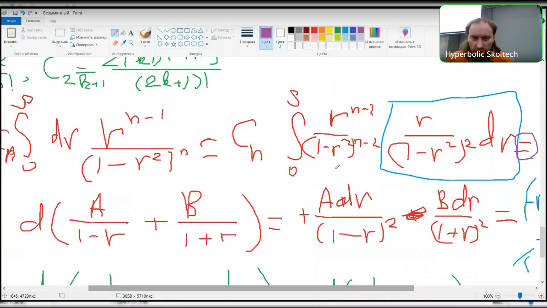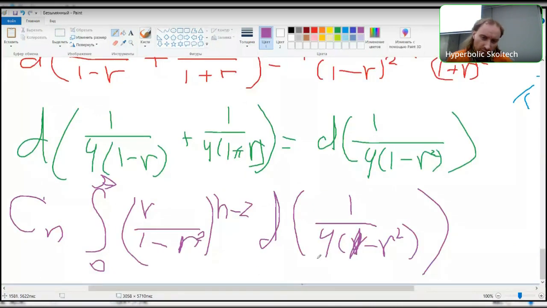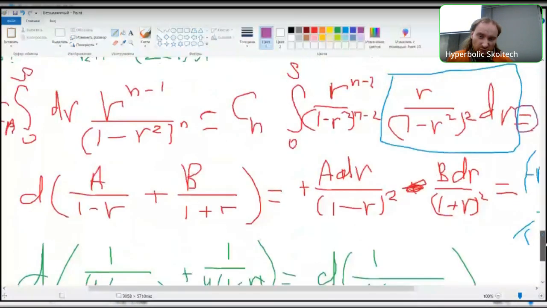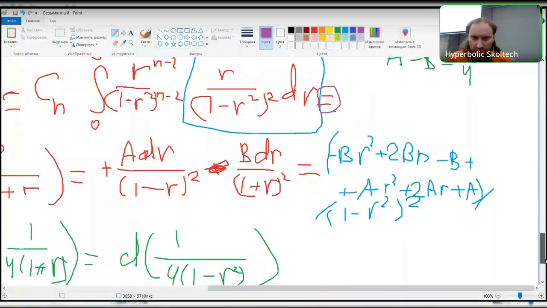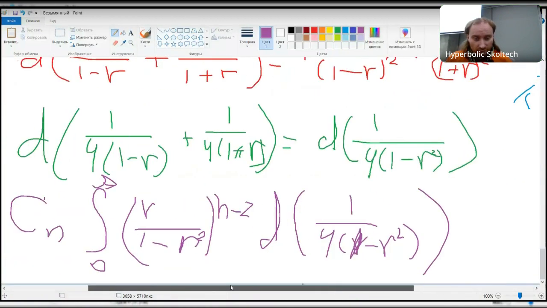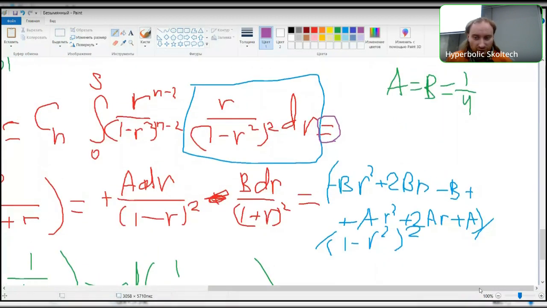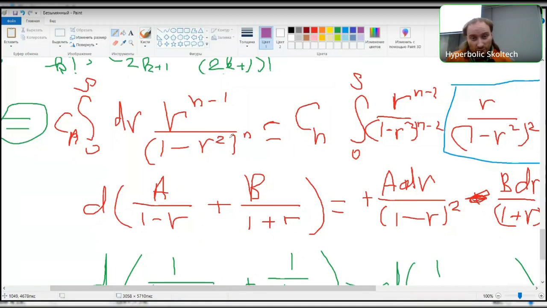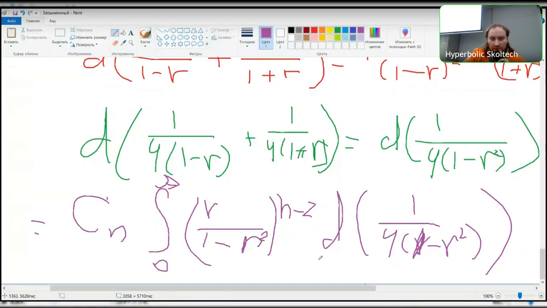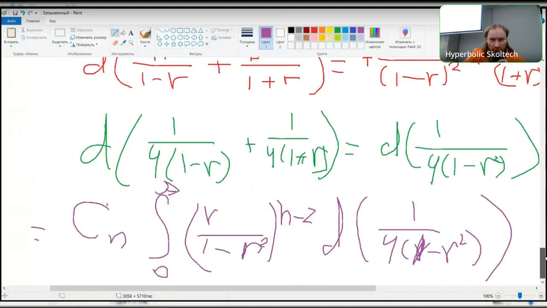Probably I made a mistake yesterday when I was computing this, but this is a rational function of power 2n, so the integral here should be computed.